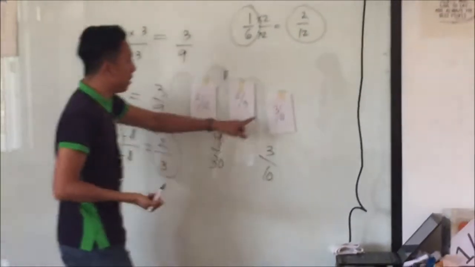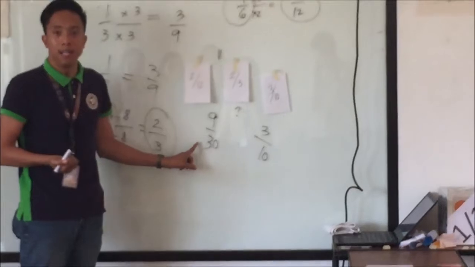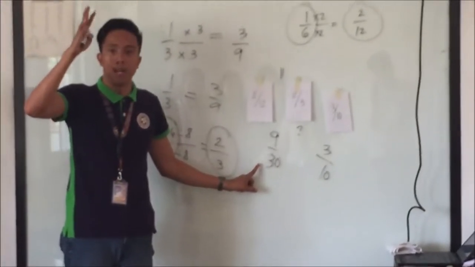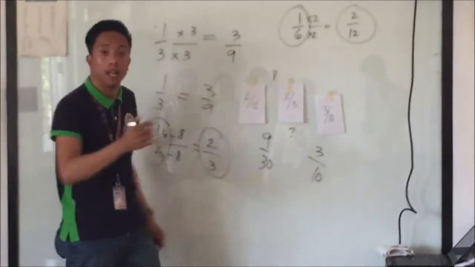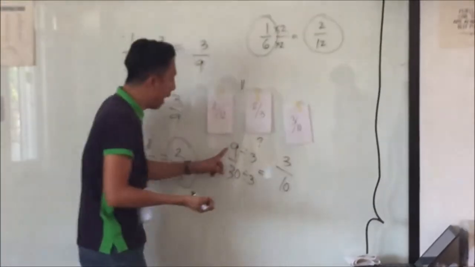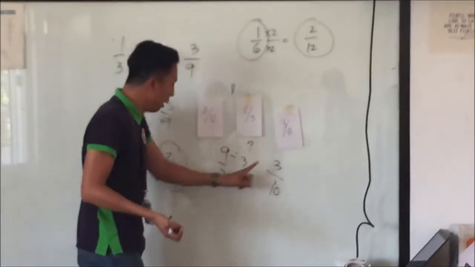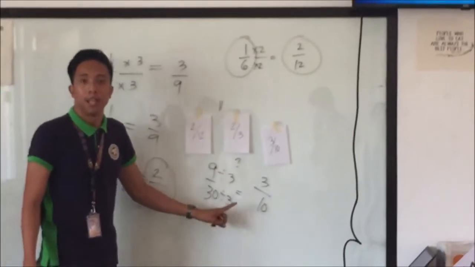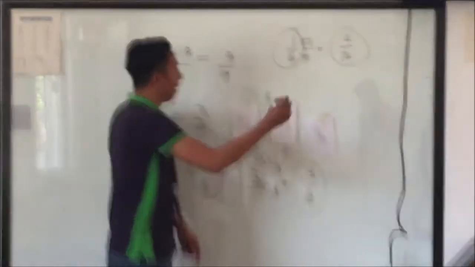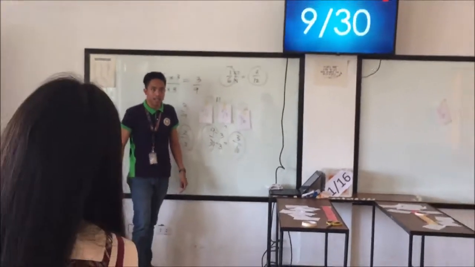Since their answer is smaller than this one, they use division. So what number did you divide 9 and 30 by? 3. Okay, so we see 9 divided by 3 is 3. 30 divided by 3 is 10. Therefore, you are correct. 3 points.